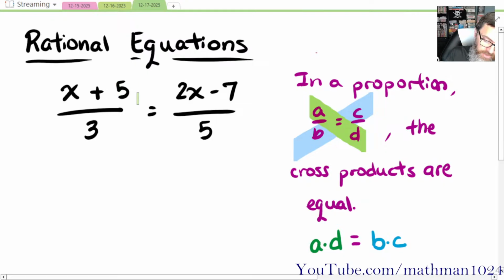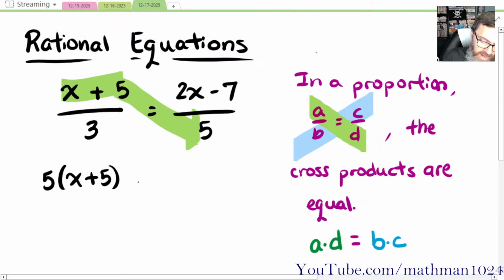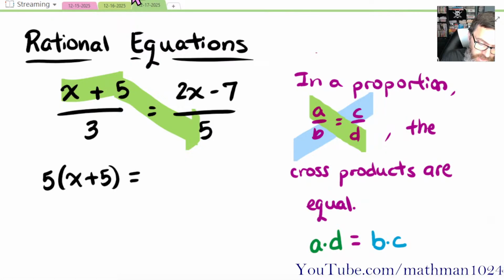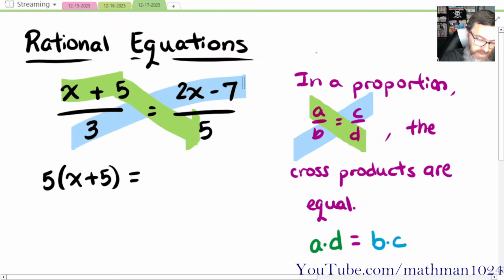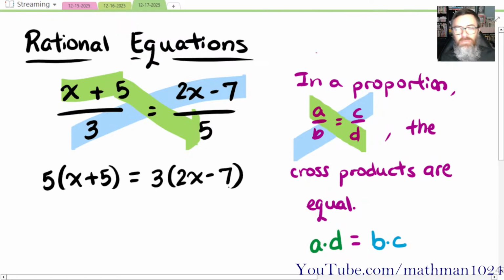So that means I'm going to do this cross product of all of these guys. So I'm going to have this as 5 times x plus 5, and then this is going to equal the other cross product, which contains the factors 3 and 2x minus 7.